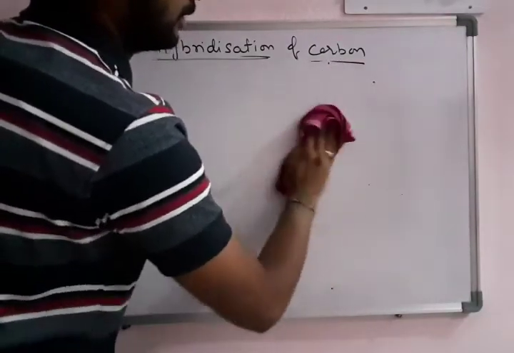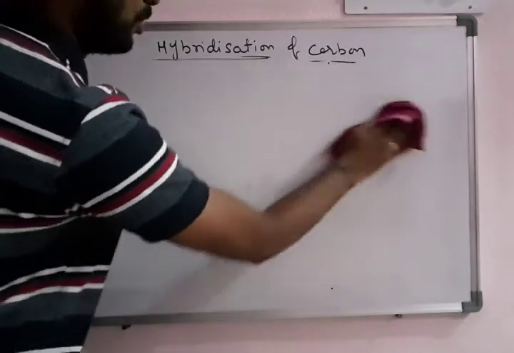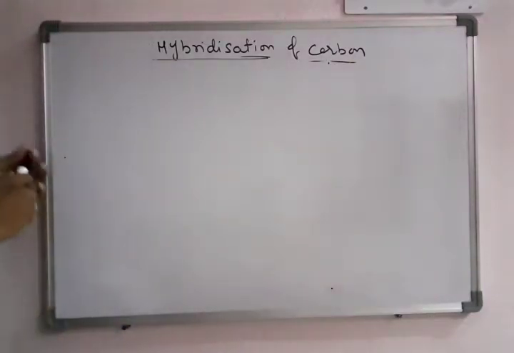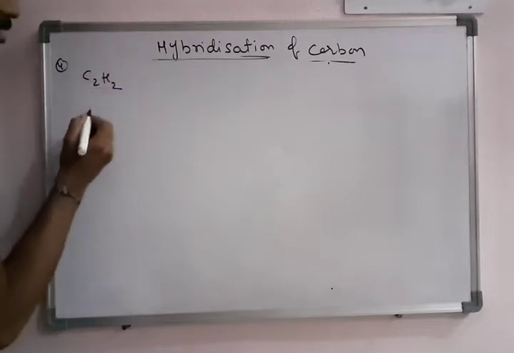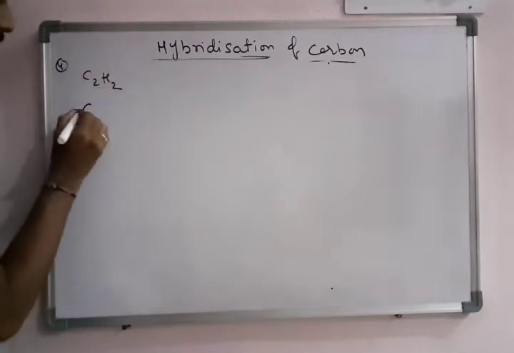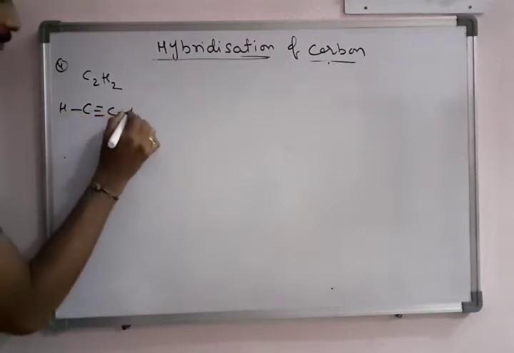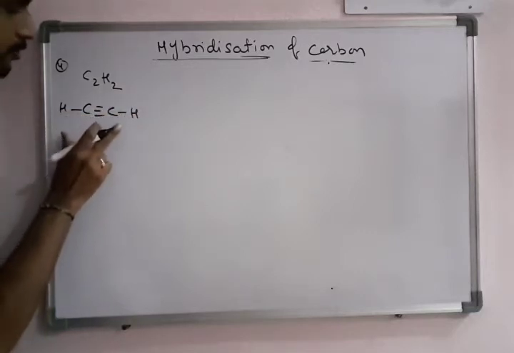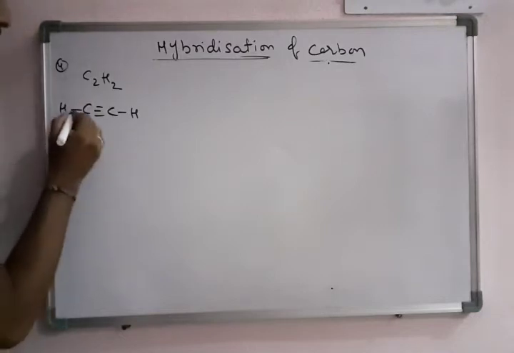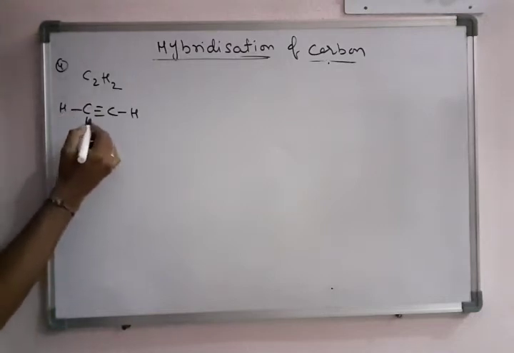Now we will check the hybridization of carbon in some more compounds. Acetylene, C2H2, can be written as C2H2. Carbon must possess 4 bonds and it should satisfy this formula. So how many sigma bonds does this carbon have around it?